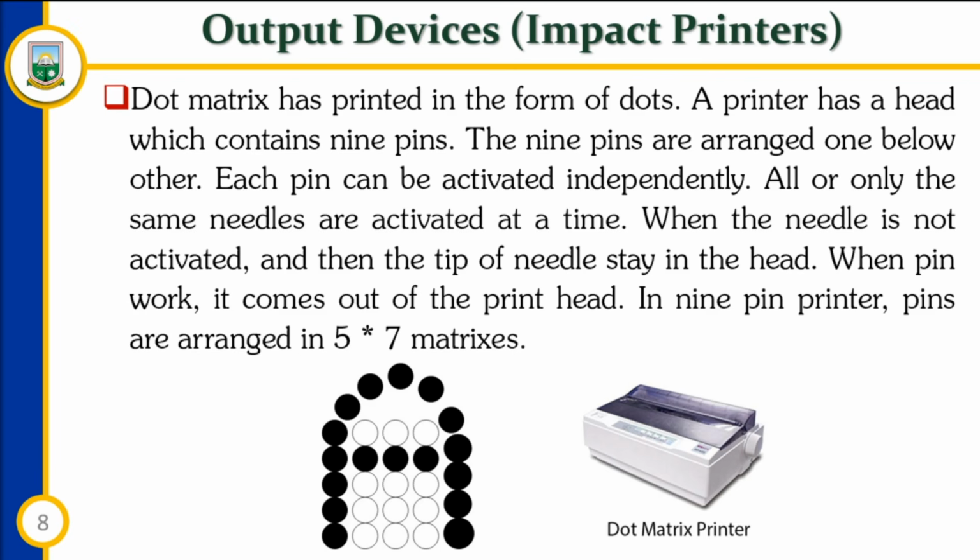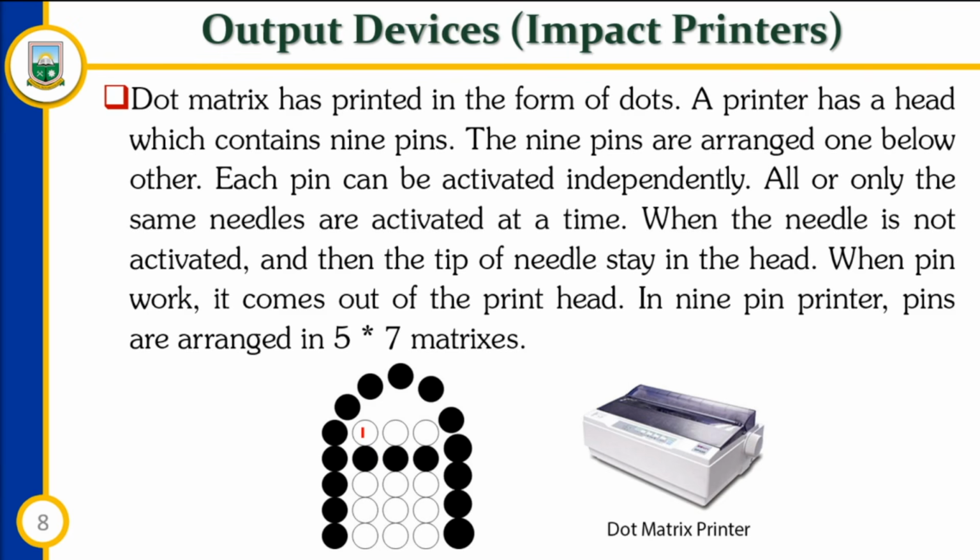Now when a needle is not activated, then this particular needle wouldn't come out of the head, but rather will still stay in the head of the printer. So looking at the image we have over here, we have a character A being printed by the dot matrix printer.